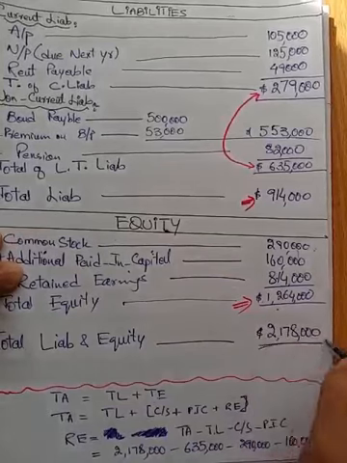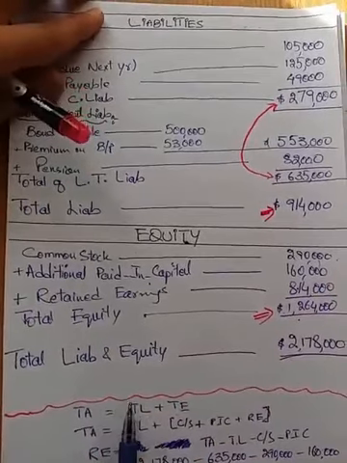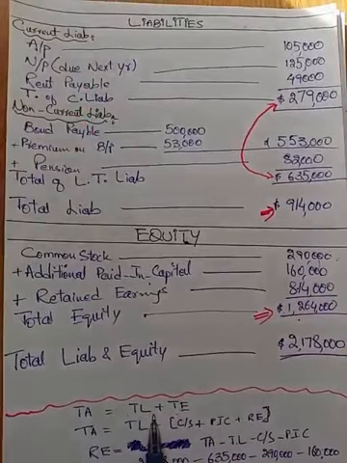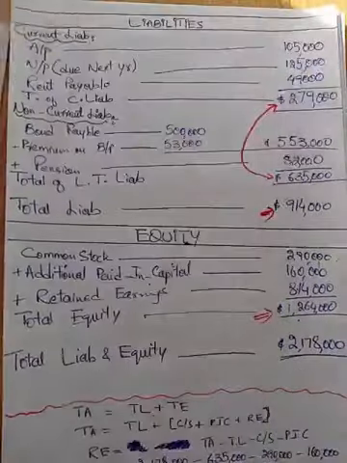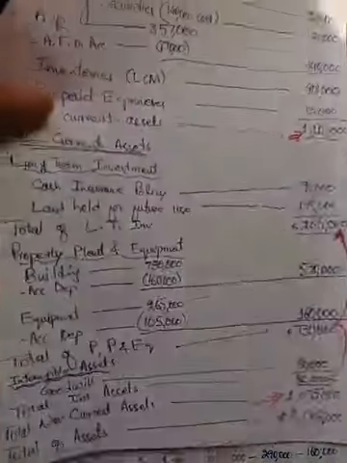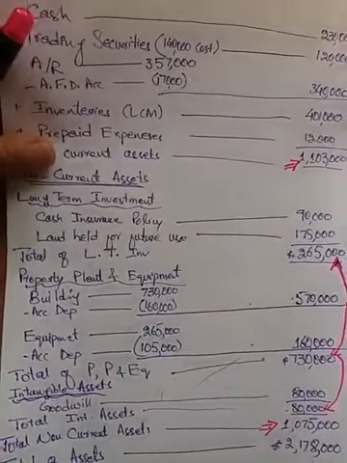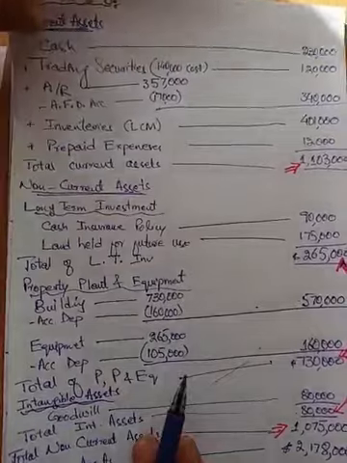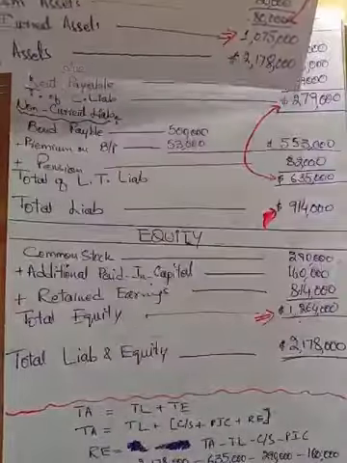As per the equation, the total of the asset is equal to total of liability plus equity, so total liability and equity is 2,178,000, and our total of the asset is also 2,178,000.